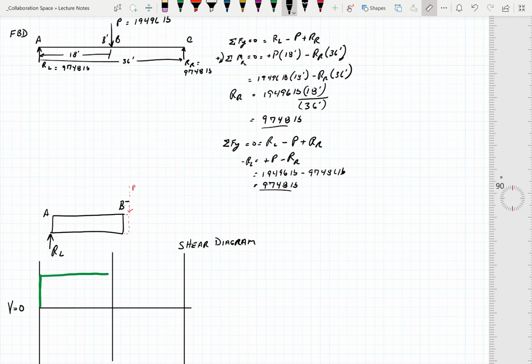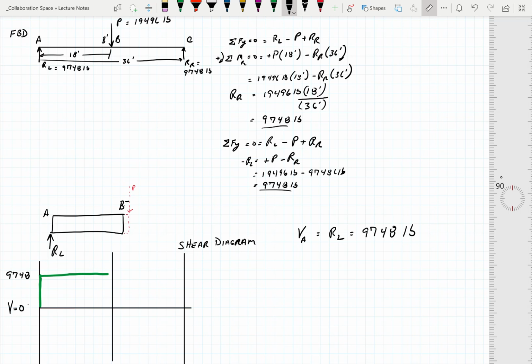So we want to do V at A, which is really going to be RL, which is equal to 9,748 pounds. It's the only force acting there, okay? So literally, it's going up to here at 9,748.